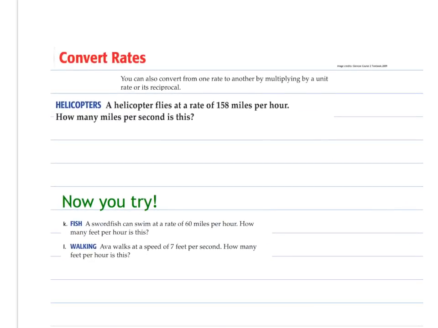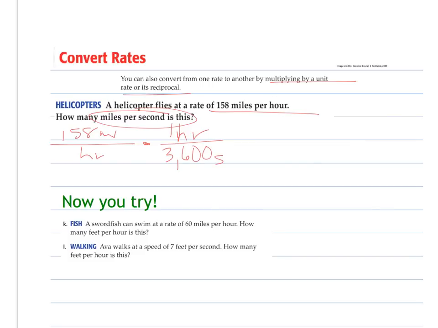Okay, convert rates. Last little bit here. If you're asked to convert rates, what you're going to do is multiply a unit by its reciprocal. So if a helicopter flies at a rate of 158 miles per 1 hour, how many miles per second is that? So what we can do is we know that 1 hour is equal to 3,600 seconds, because I just do 60 times 60, 60 minutes times 60 seconds each.